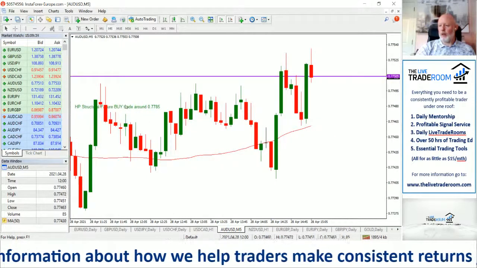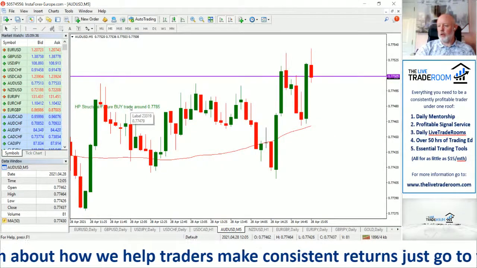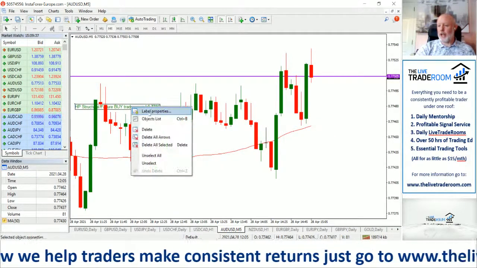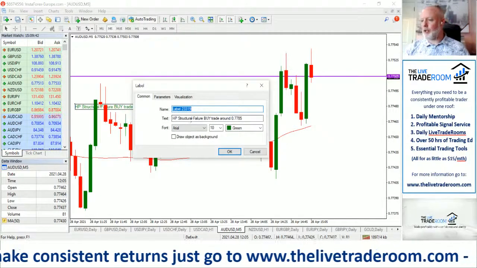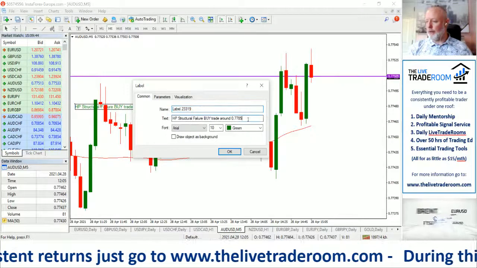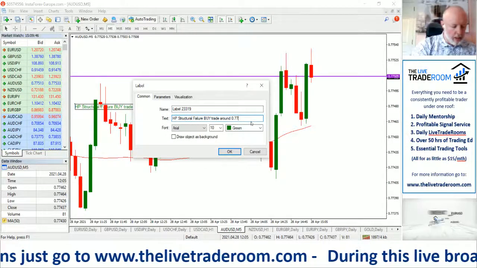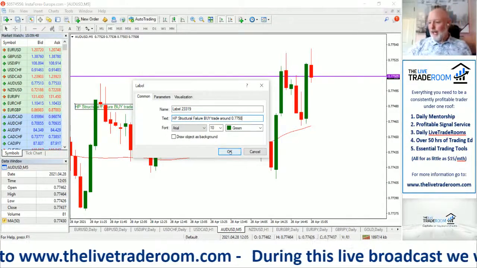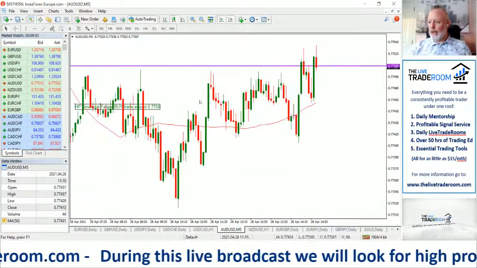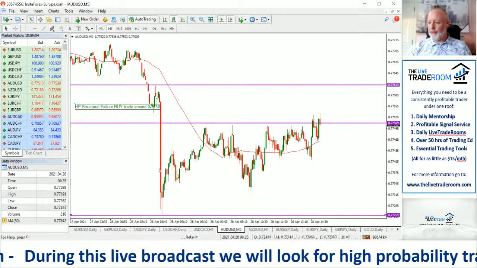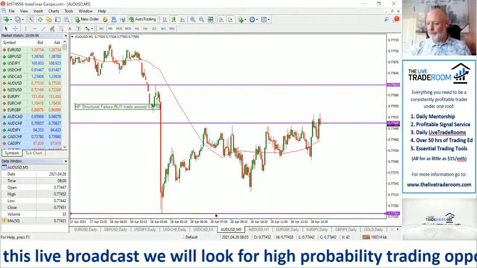So what we can do is change the price at which we look at a high probability structural failure buy trade, around 7750 now. So we're looking at getting into this market 35 pips lower than what we were looking at yesterday, which is absolutely fine.